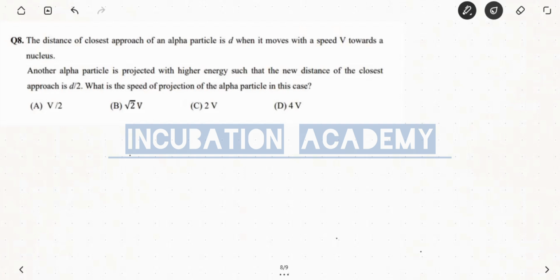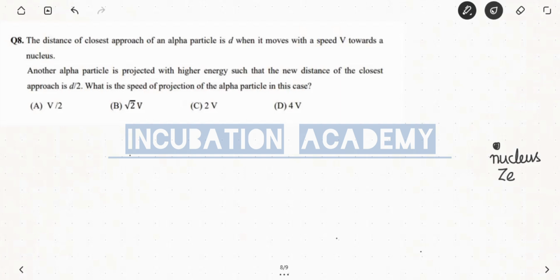Okay, so let us try to understand what is the concept behind this. Let us understand from the basics. If you think that this is the nucleus, it has the positive charge Ze, where Z is the atomic number.